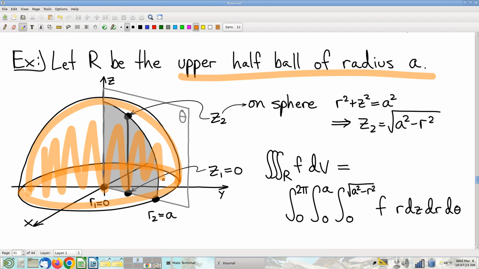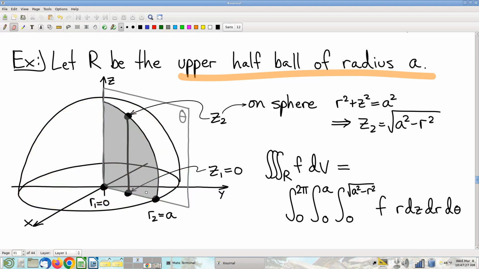There's our solid half ball. And I'm going to do this, by the way, two different ways. I'm going to start off with my dr d theta on the outside and dz on the inside. Just because. We're going to do it the other way in just a sec.